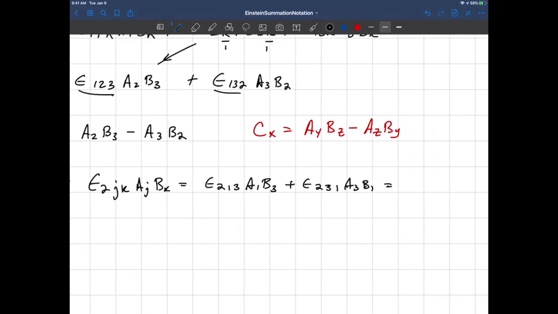This is now an incorrect order, so minus sign, a1, b3, plus a3, b1.